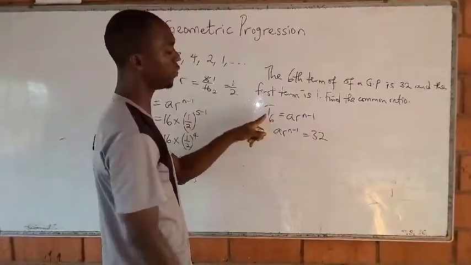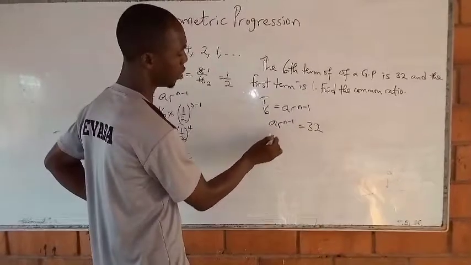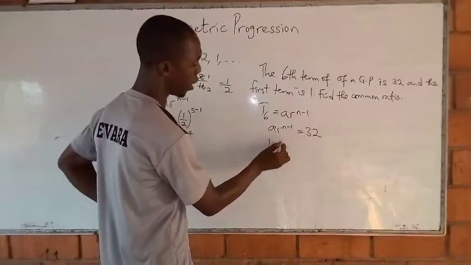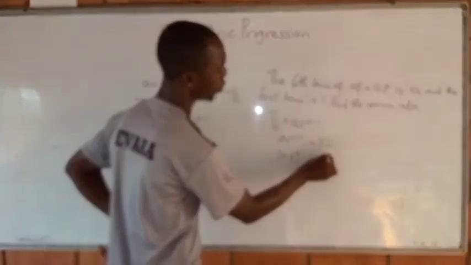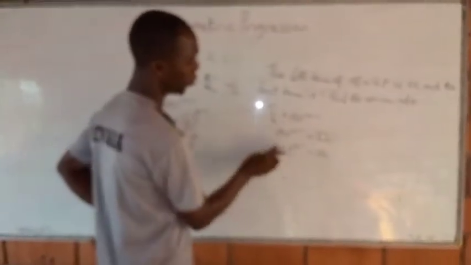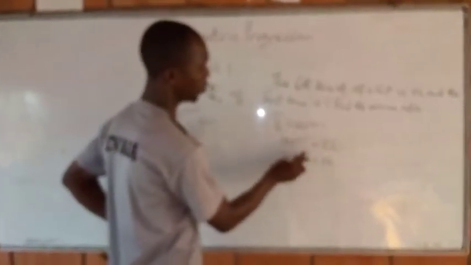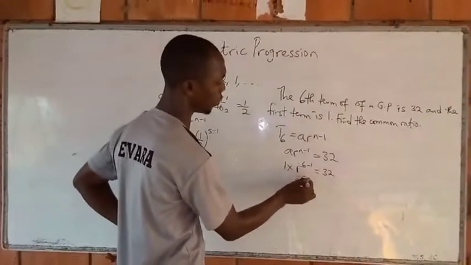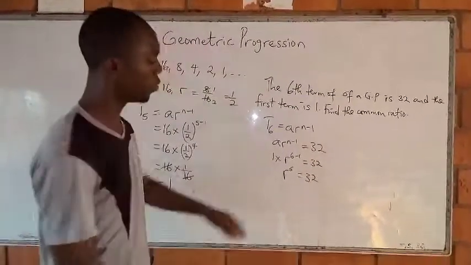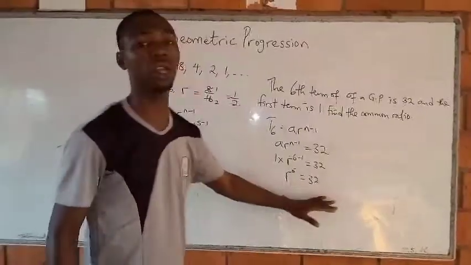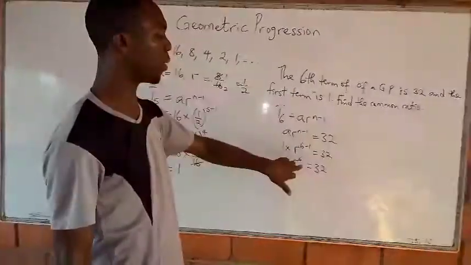Our n here is 6 and our A is 1. So A is 1 times R raised to the power 6 minus 1 equals 32. 1 multiplied by anything is still the same thing. We have R raised to the power 6 minus 1, that is 5, equals 32. If you apply our knowledge of indices here, this is R raised to the power 5.